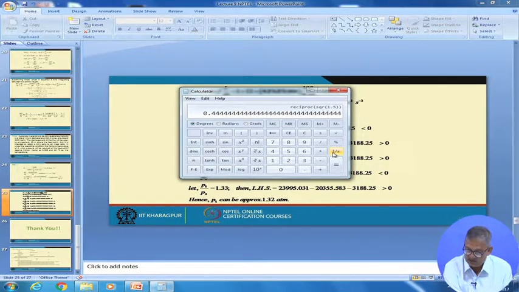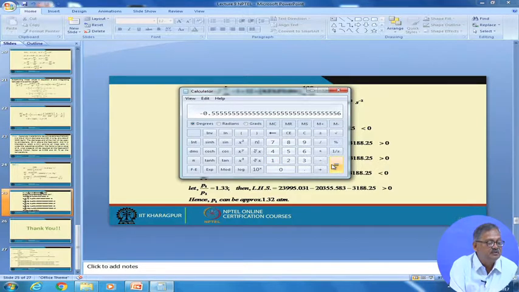So this value is 0.44, minus 1, is equal to minus 0.55.